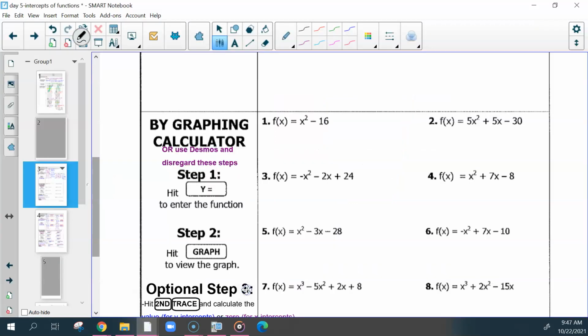So for those answers, you would write in all of your ordered pairs: 4, 0, negative 4, 0, 0, negative 16. The y-intercept you also could have found just by looking because it doesn't have an x value. But the x-intercept is not a possible way that you would have been able to do that algebraically unless you knew how to factor.